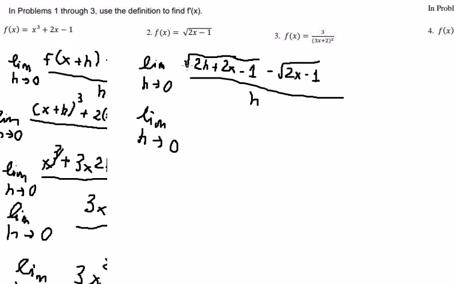So we multiply with the square root of 2h plus 2x minus 1 plus the square root of 2x minus 1 on numerator and denominator.